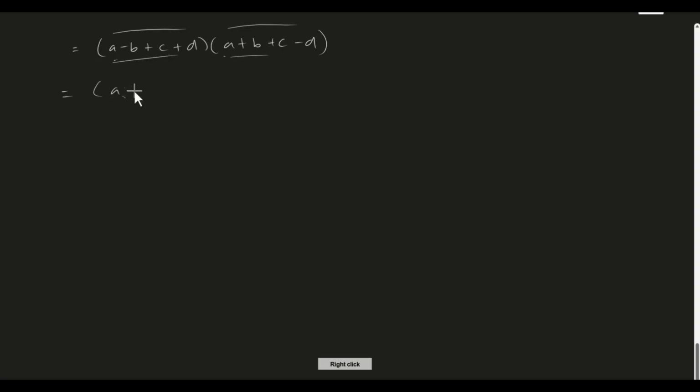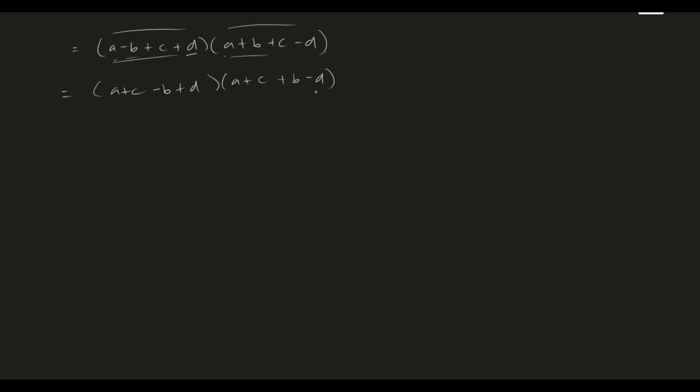So a plus c. Also, we have here a plus c. And we will just group the negative b and positive d here, and also the b and negative d here. So we have negative b, positive d, and positive b, negative d is equal to.